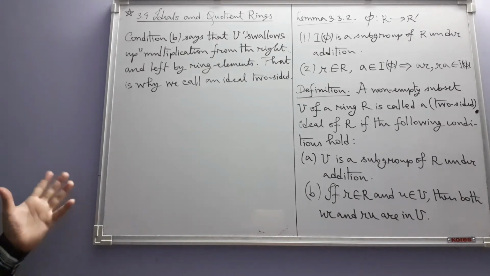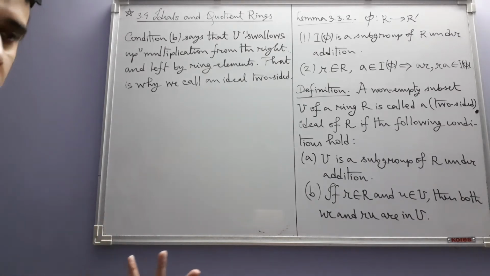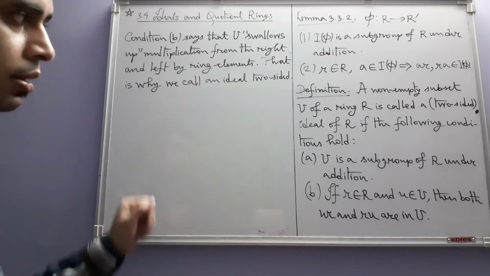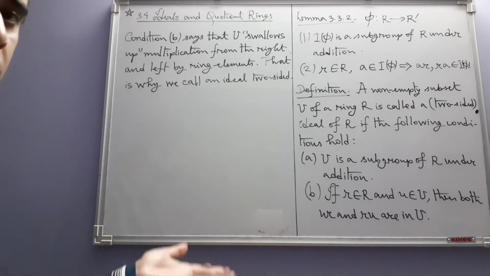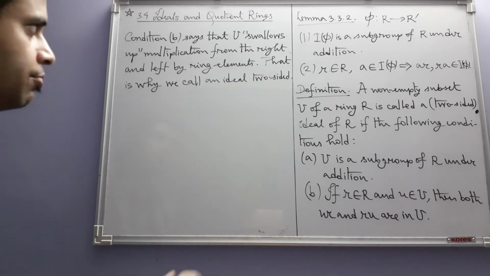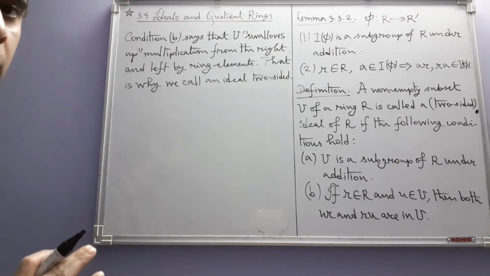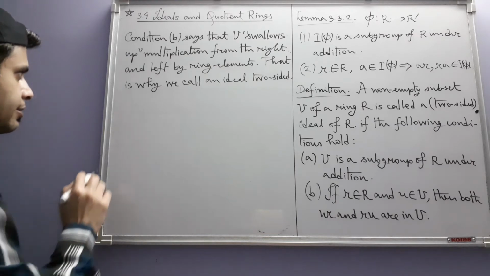Now these derivative concepts of ideal, we will not need anywhere in this book other than in some of the exercises. So we don't bother to call ideals two-sided. We will simply call them ideals. Let's just write that.